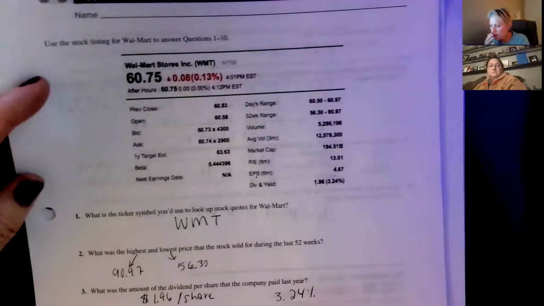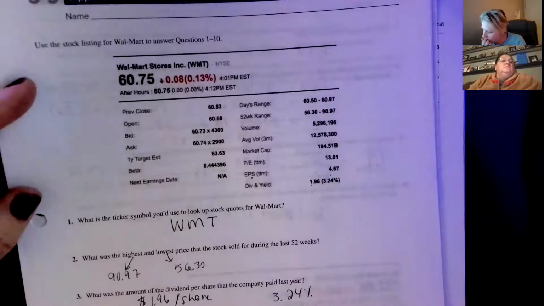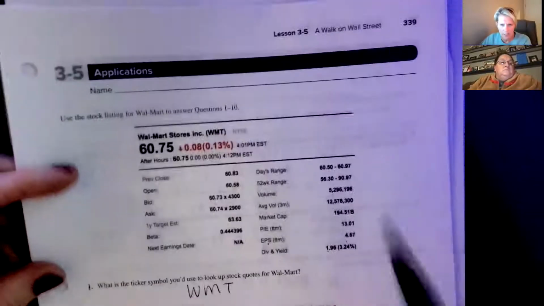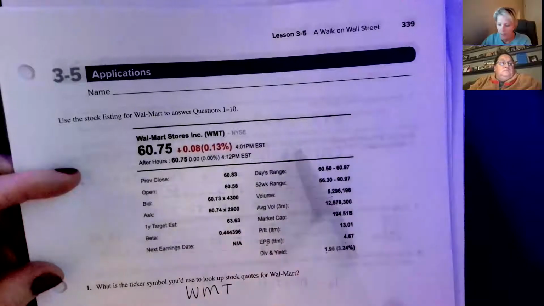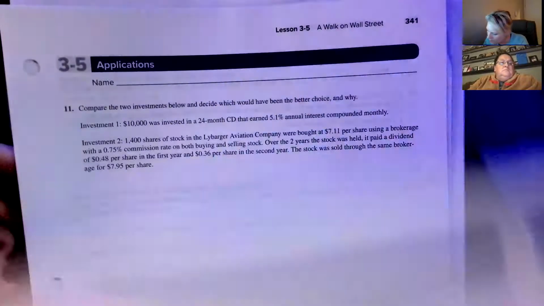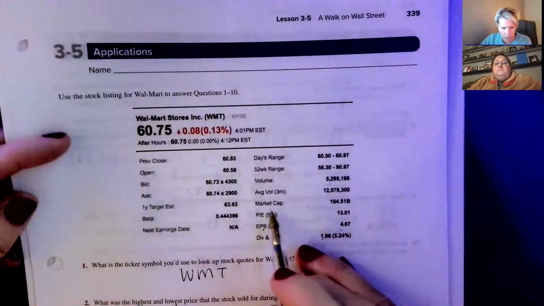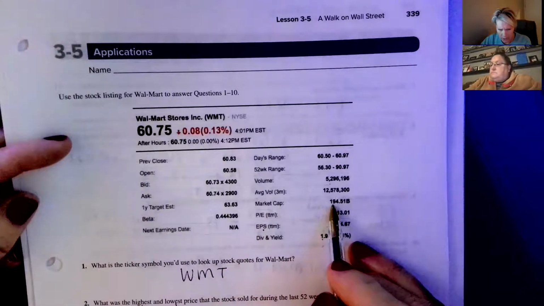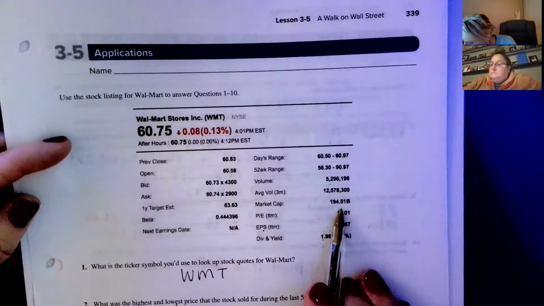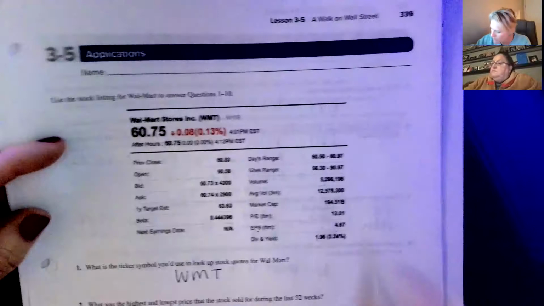So the question came up on calculating the number of outstanding shares, and on page 339, they didn't ask us to do that anywhere. But if we wanted to do that in Desmos just for the practice, we would take the market cap, so it's 194.51 billion.